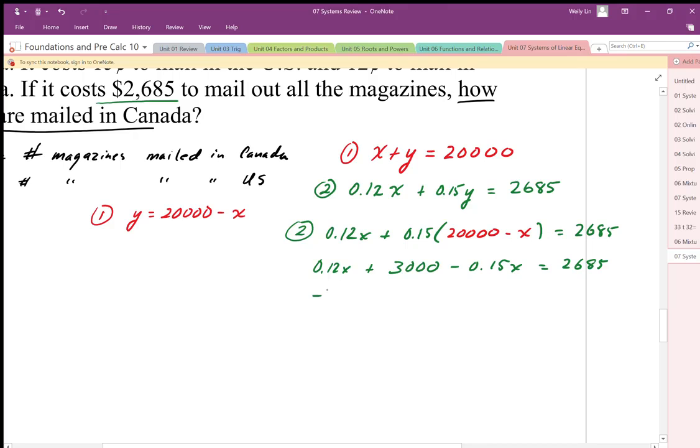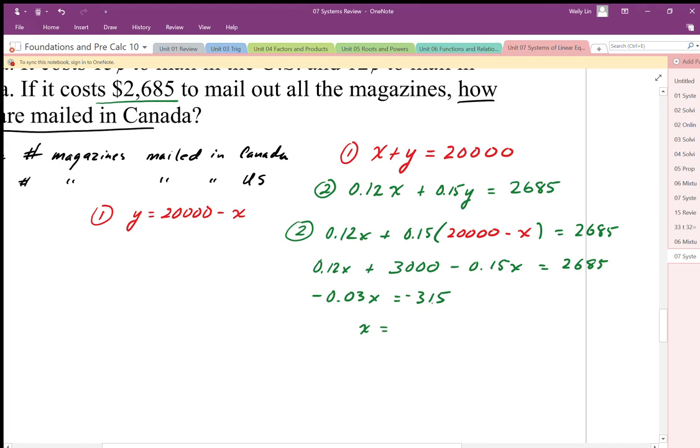Combining like terms, we get negative 0.03x equal to, when we subtract 3,000 from both sides, negative $315. Divide both sides by 3.